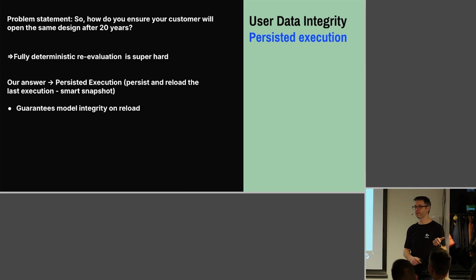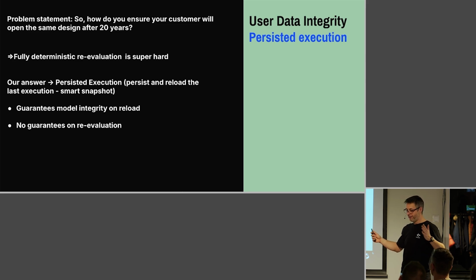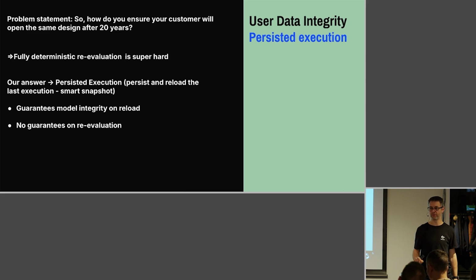So this guarantees model reloading integrity on the reload, but doesn't give you any guarantee on re-evaluation. So it's like a Castle card: you will get back your Castle card, but once you touch it, we don't have any guarantee that it will stay intact, because it's a really hard problem.